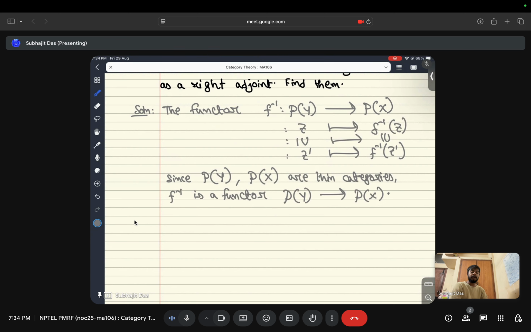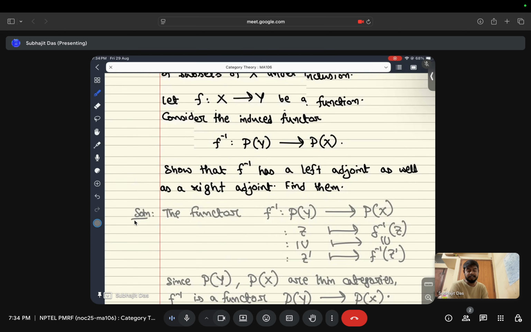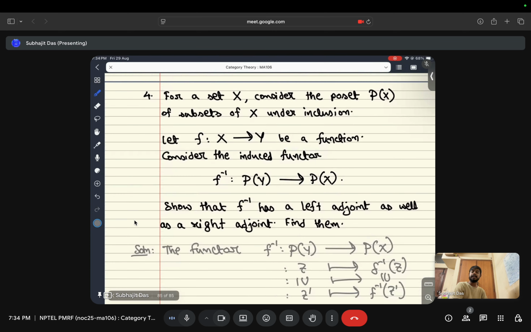But why the problem was posed here is because I want you to use the adjoint functor theorem and first of all establish that indeed a left adjoint does exist. Okay.